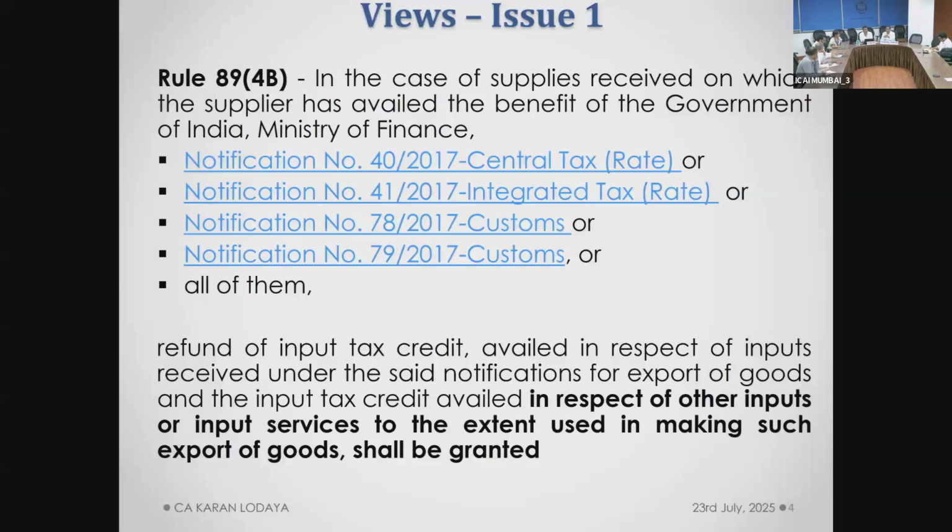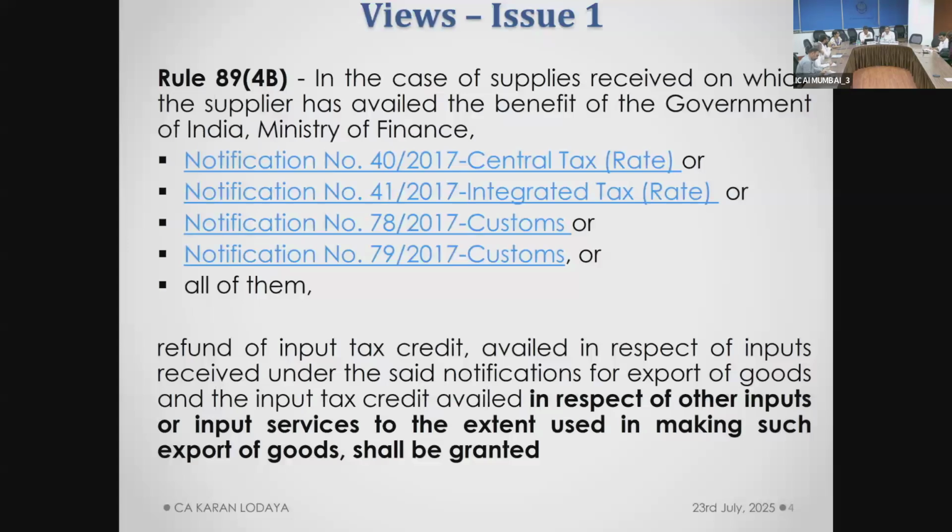The answer is no. Nobody went there and asked for 89.4B. 89.4B came because government was of the view that people are taking exemption while importing and claiming refund out of old opening balance or other domestic credit and are getting higher refund. So I am not getting tax at the time of import, but when they are exporting out of that duty-free material, I am giving them more refund, out of the domestic ITC also. That was the background of this.